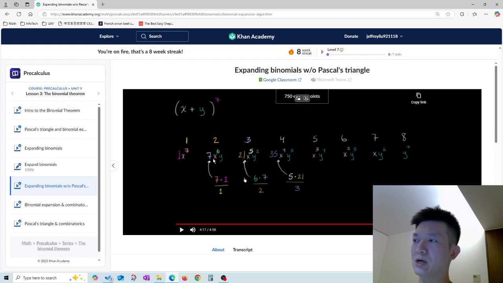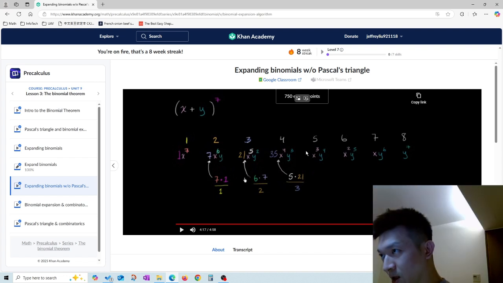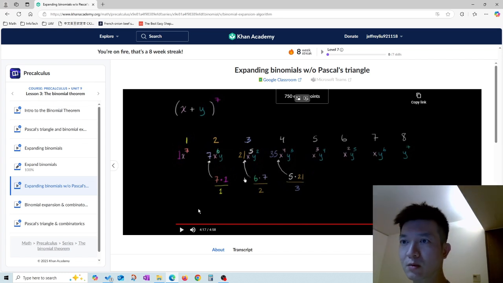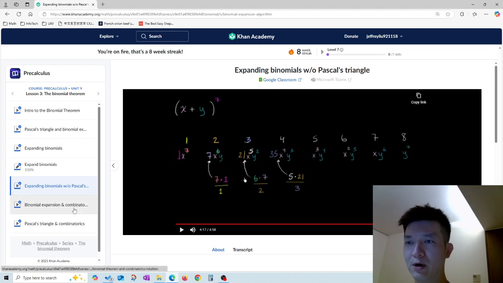So 6 times 7 divided by the second term, which is 2, so 6 times 7 divided by 2 is 21, and all the way down to number 4, you end up with 35. But you have a symmetry here, so we don't have to do the other half. So now you can just write 35, 21, 7, and 1.